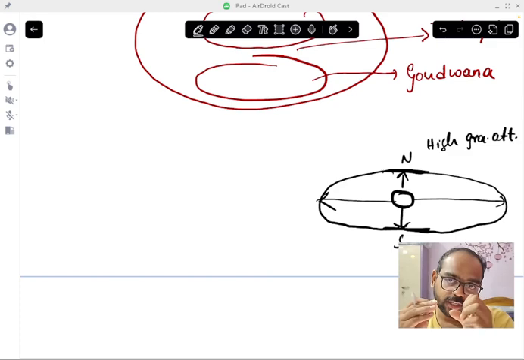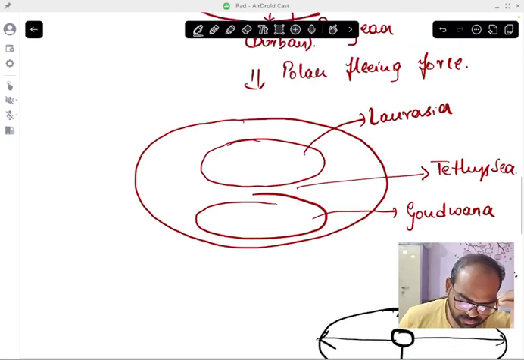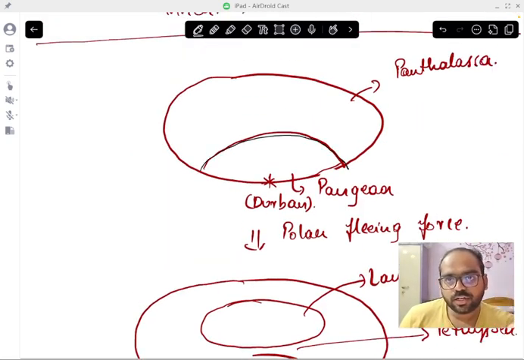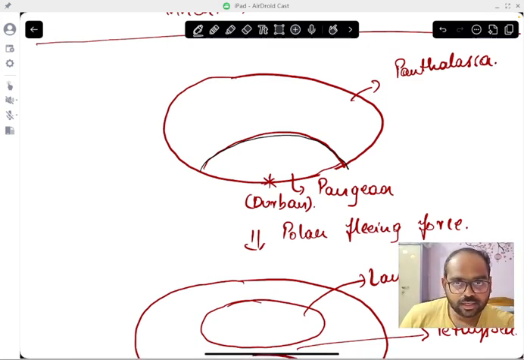Due to the high gravitational attraction at the poles, Pangaea started drifting towards the equator. The high gravitational attraction at the poles is called polar fleeing force. It attracted the Pangaea located at the southern end of the Earth towards the equator.